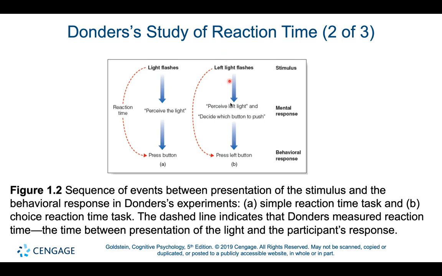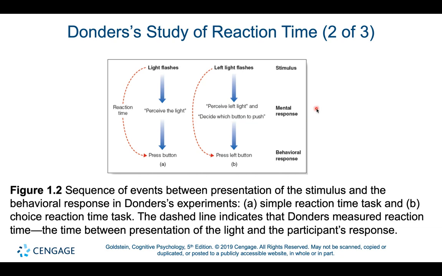Versus here on the right, the choice reaction time, where the light flashes, I have to perceive that it's, in fact, the left light, and then decide to press the left button. This mental operation is more complicated. There's an extra step. And so we can measure this extra step using reaction time.